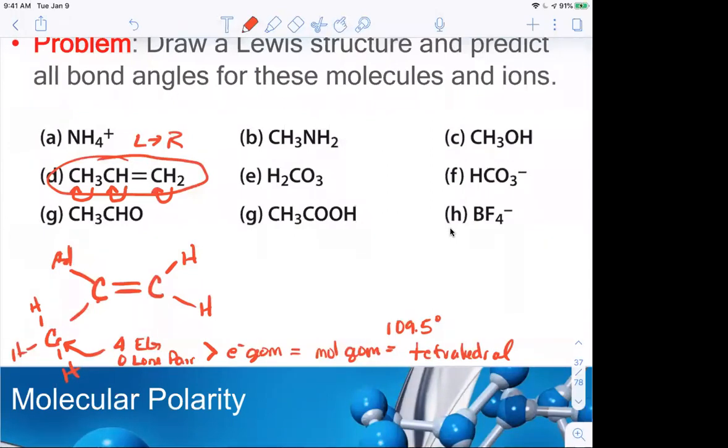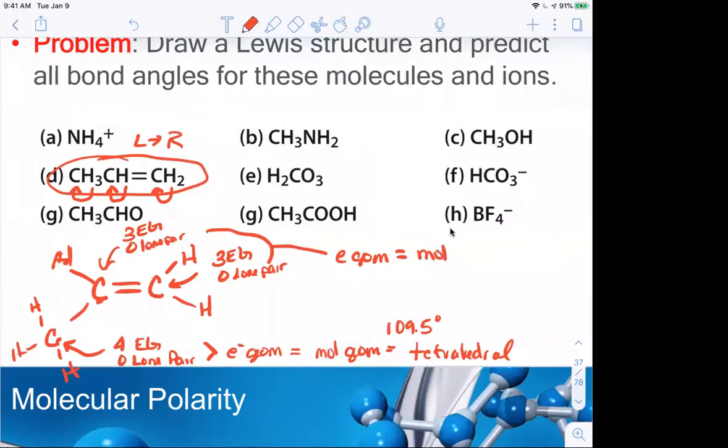This carbon up here might be a little bit larger, but nothing really substantial. This carbon is going to be 3 electron groups, 0 lone pair. This carbon is also going to be 3 electron groups, 0 lone pair. So the electron geometry is going to equal the molecular geometry because there are no lone pair. And this will be trigonal planar.